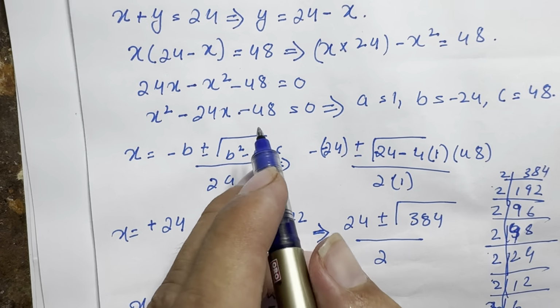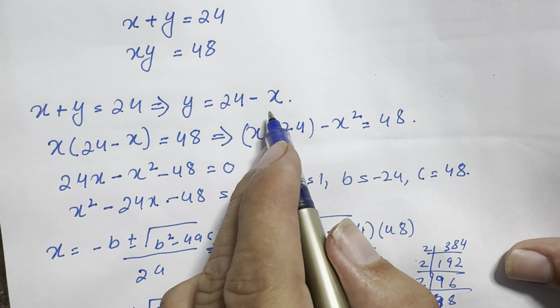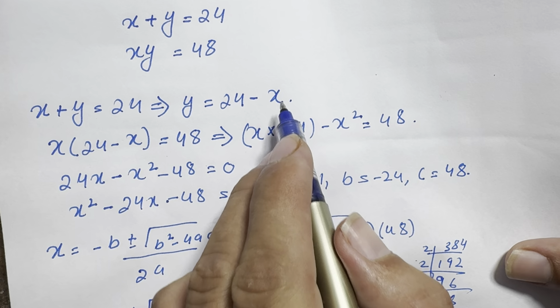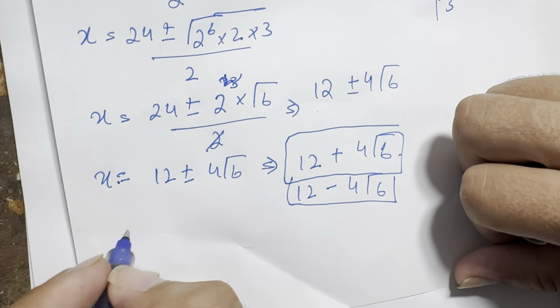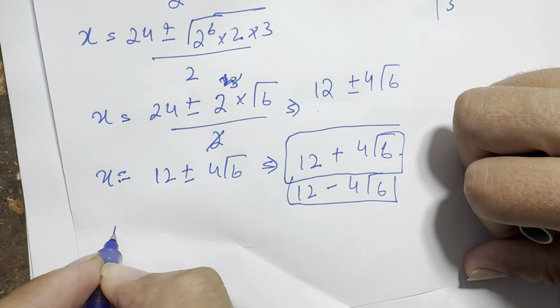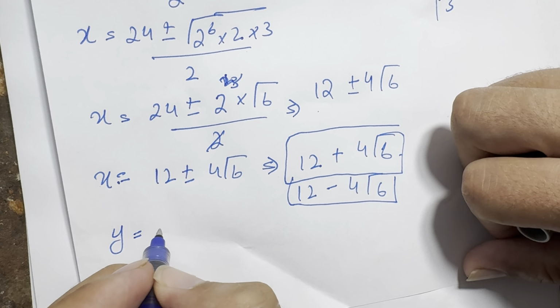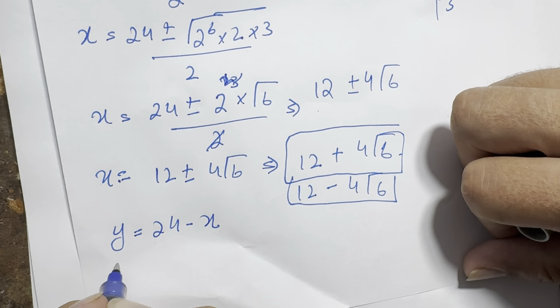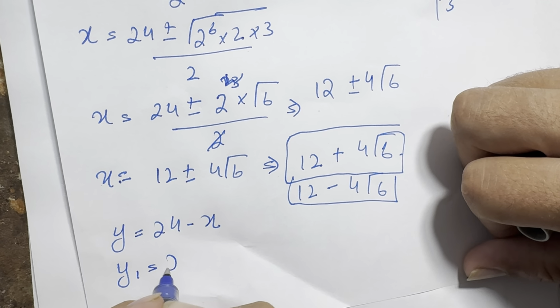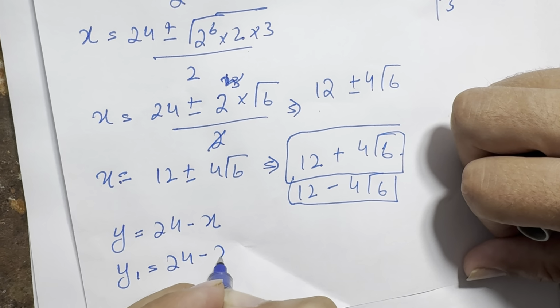So from this I put this in y equal to 24 minus x. Okay, so y1 will become equal to 24 minus x1.